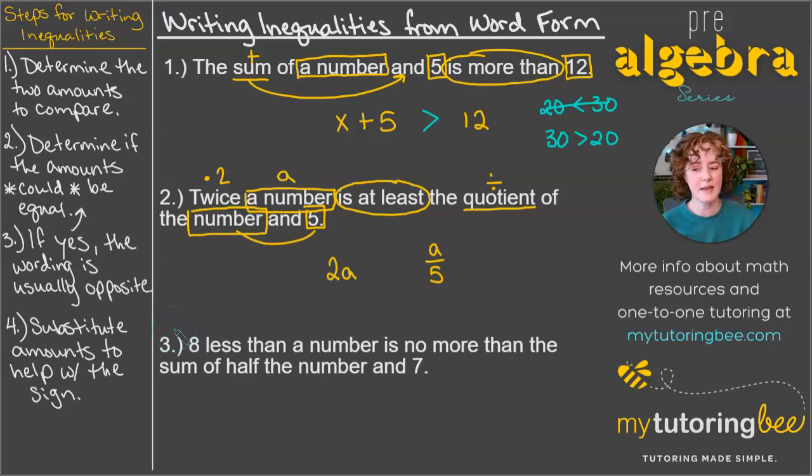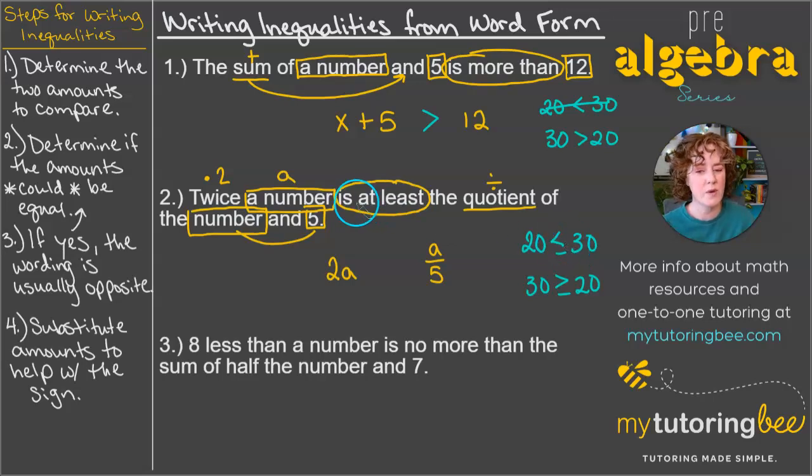So let's test that out with our step 4 and substitute an amount. I'm going to use that 20 and 30 again. These numbers have nothing to do with the word problem. I'm just using two numbers that I know are different, one greater and one smaller, so that helps me with that wording to know which symbol to put in here.